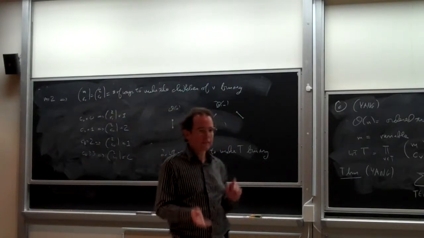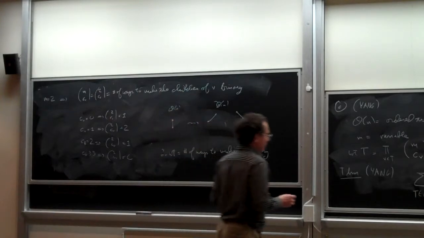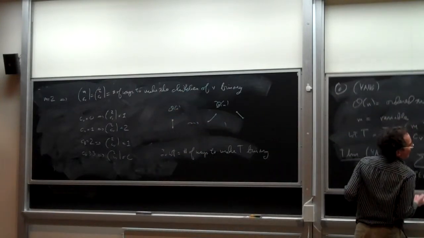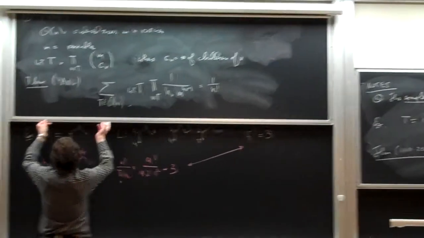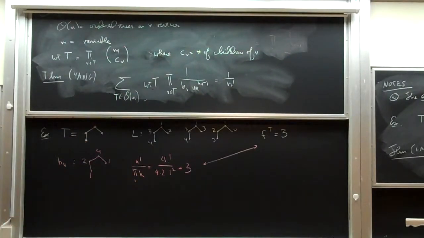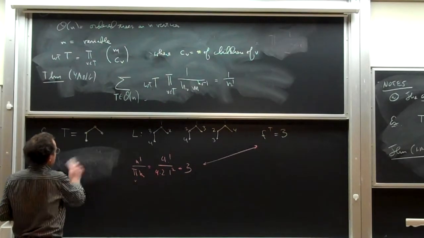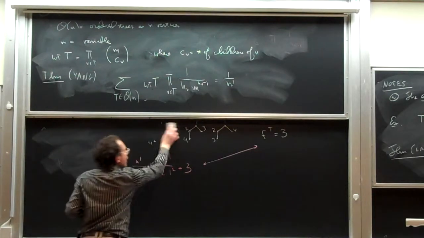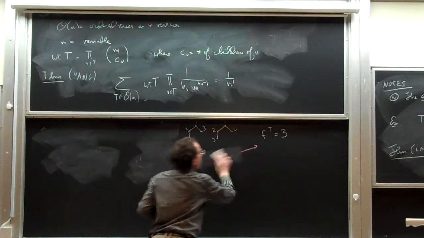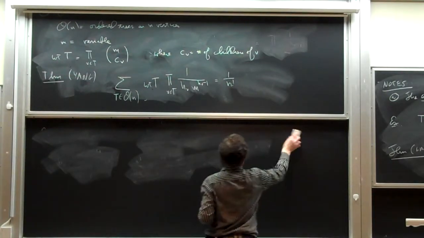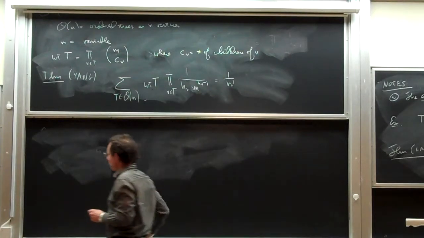So finally, the big one. What's the open question? Well, I've been calling these things hook lengths for no reason that is obvious from the tree case. But what it turns out is that, as I said, this formula is the original hook length formula. It comes from other contexts.